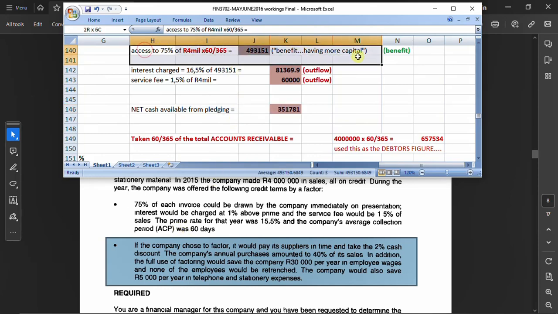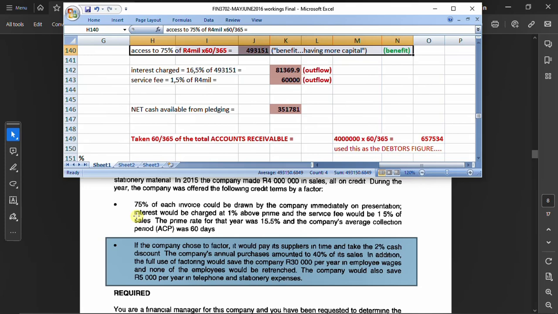So they're going to allow you to access a portion of it. So 75% of that debtors amount can be drawn, or accessed, in the form of debt, in the form of a loan. So they need to manage it.